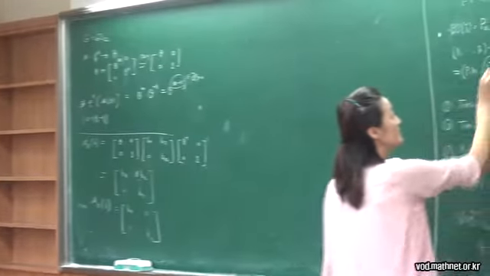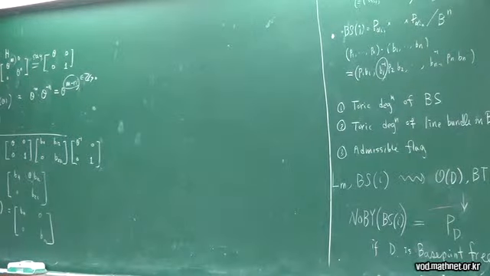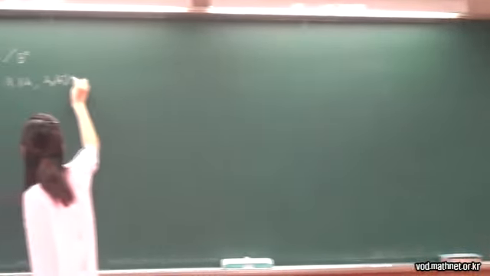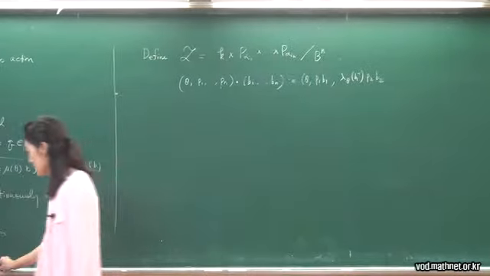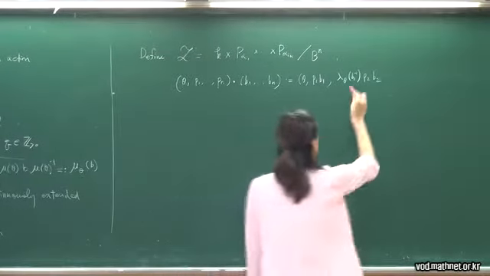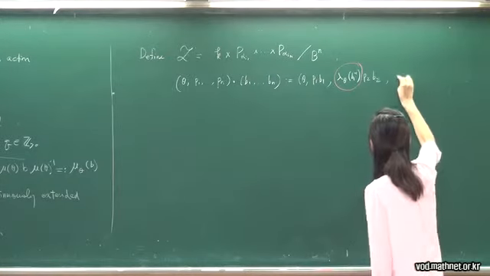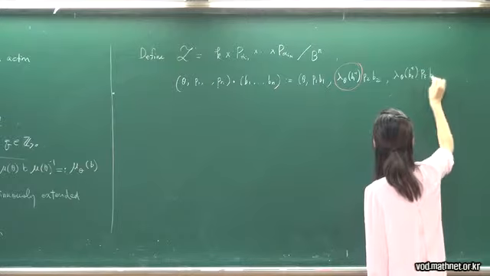So P1 inverse is multiplied to P2 on the left, but here you have mu theta of B1 inverse P2 B2, and mu theta of B2 inverse P3 B3.